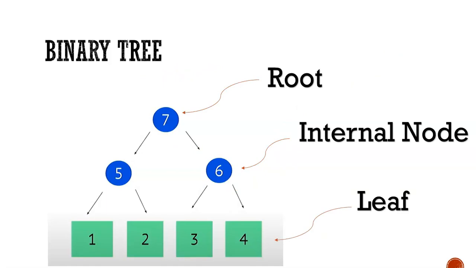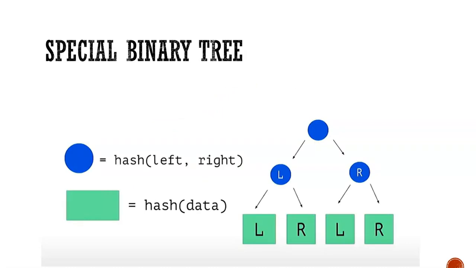The Merkle tree is a special binary tree. It is called special because each internal node will have the hash of its left child and its right child.